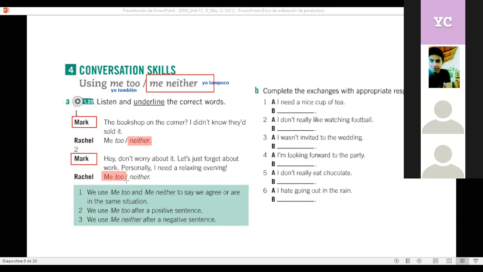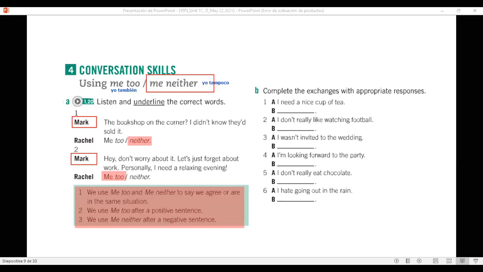Me too. So, to see when we're going to use these both phrases, it's important that we read the next chart. Look at this. Help me reading this red chart, please. Luis, can you help me reading this one? The three phrases we have there.